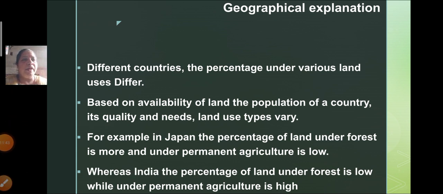Whereas if you see India, we have seen in the pie diagram that the percentage of land under forest is low, while under permanent agriculture it is high. I hope children you all have understood till here.